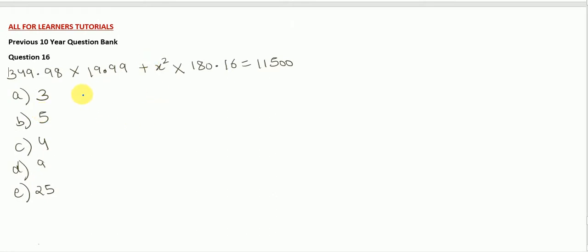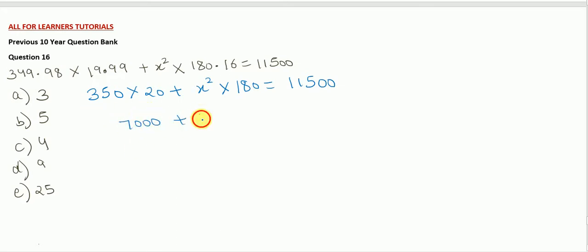349.98. Approximate each number. First step, make it as 350. 19.9, make it as 20. Plus x square minus 180.16, make it 180 only, is equal to 11500. Okay, multiply it. 7000 plus x square into 180 is equal to 11500.